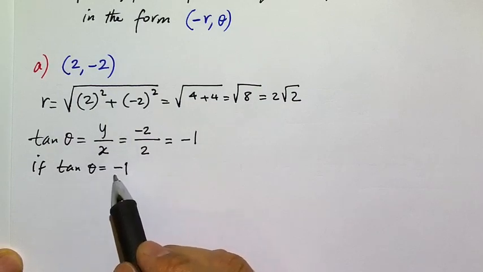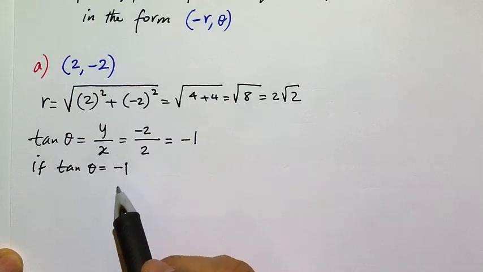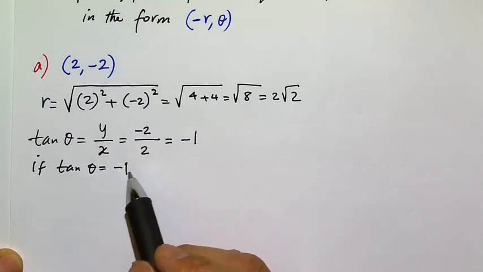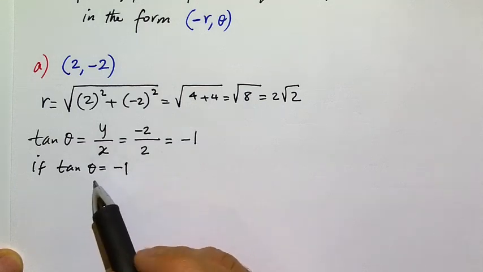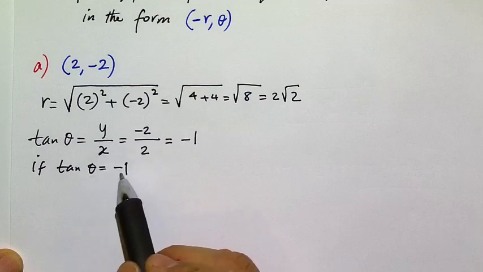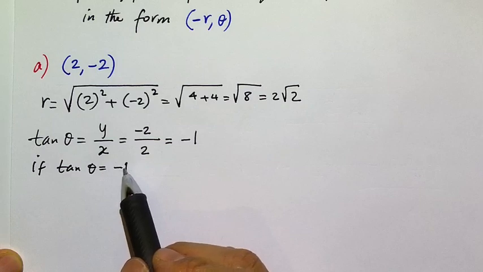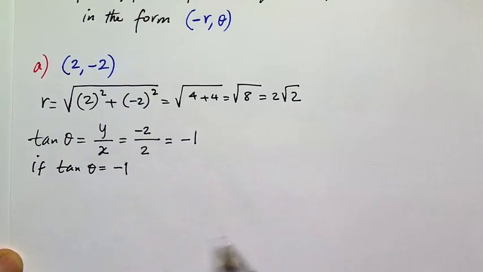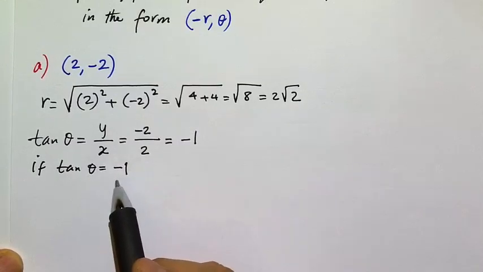We know that sine of pi over 4 divided by cosine of pi over 4, which would be the tangent of theta, is equal to 1. So this is negative. So we have to be in a quadrant where at least one of those, the sine or the cosine of that angle, is negative.